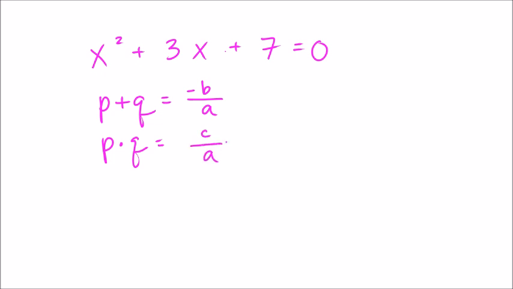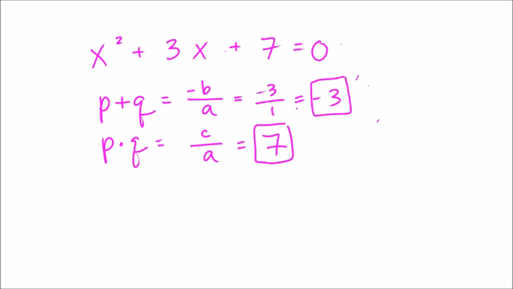So let's figure out what that means. Negative b over a. That's just negative 3, which is in front of the x term, and a is 1. So negative 3 over 1, just negative 3. And c over a, 7 over 1. That's just 7. So that's what that means when it's being applied.